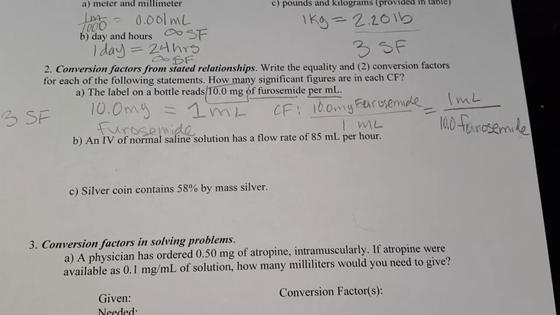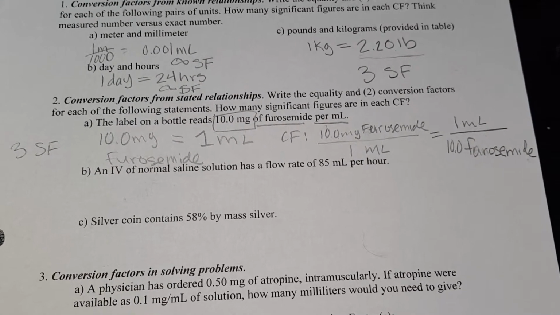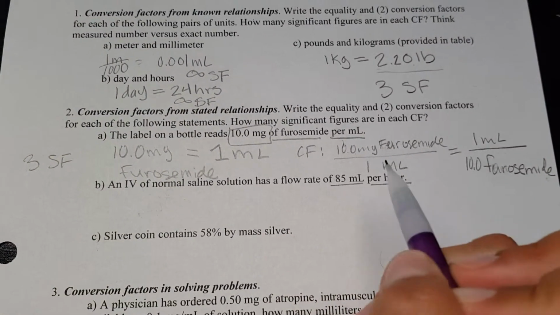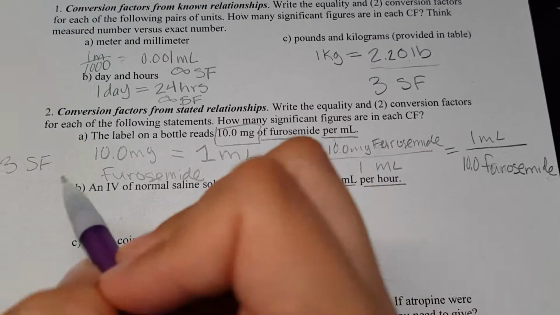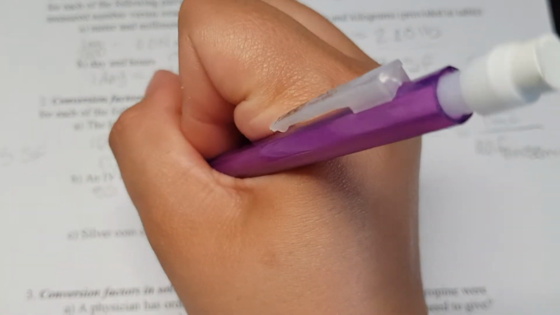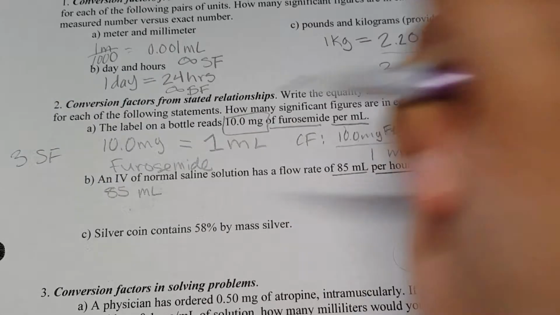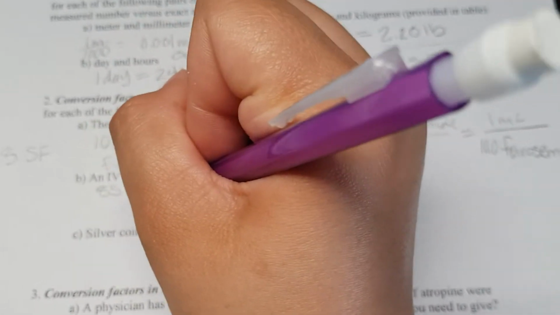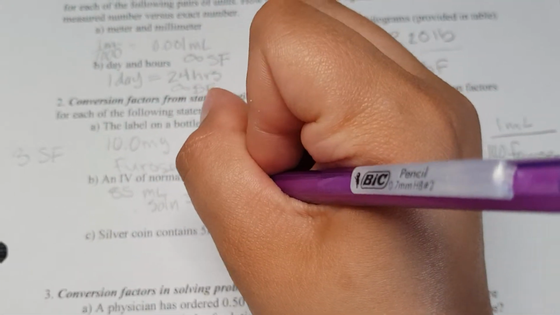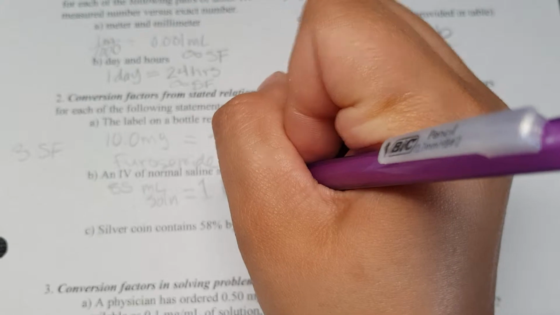For B, an IV of normal saline solution has a flow rate of 85 milliliters per hour. So 85 milliliters of saline solution is equivalent to 1 hour.